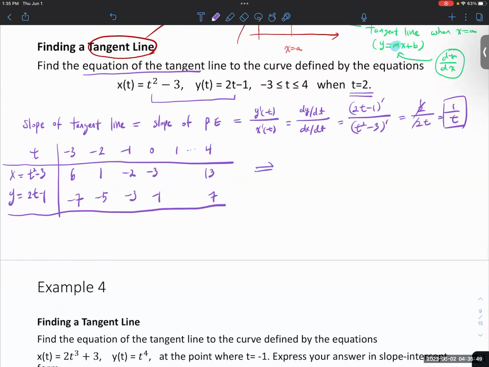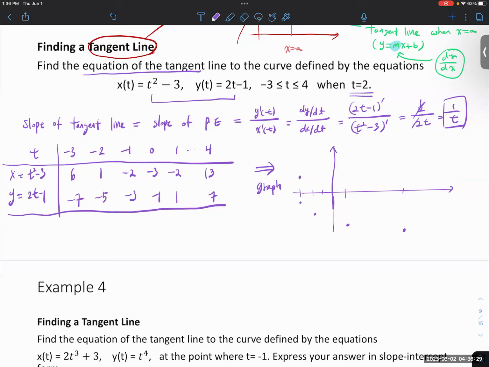And then let's graph it. So 6 comma all the way down here, and then 1 comma 5 here, approximately. -2 comma -3. -3 comma -1. And then keep going. I can evaluate 1, which is -2, and then 1 is going to be 1. So -2 comma 1.